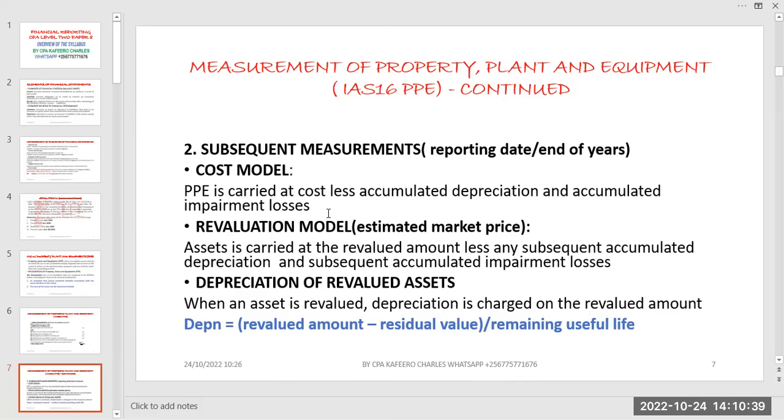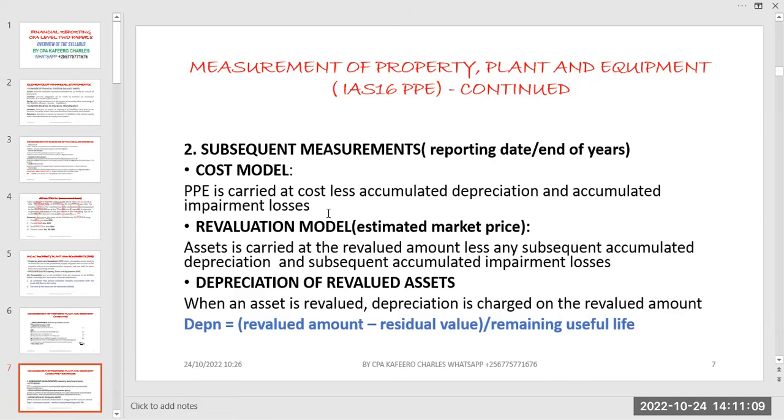When you carry these assets using the revaluation model, we are required to determine the depreciation of that revalued asset. If the asset was initially bought at, let's say, 10 million and it is now at 15 million, the depreciation is going to be different.